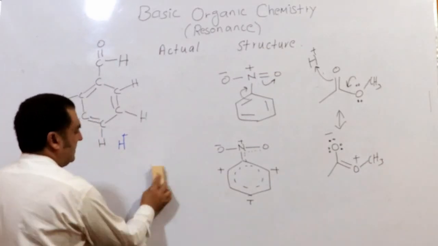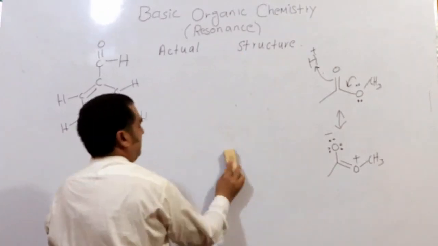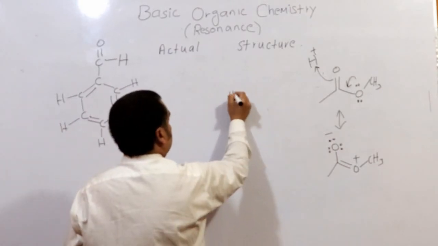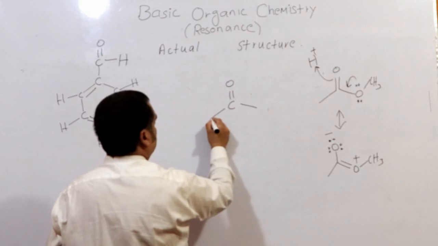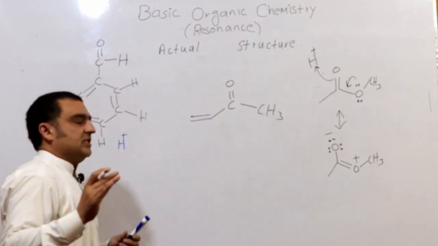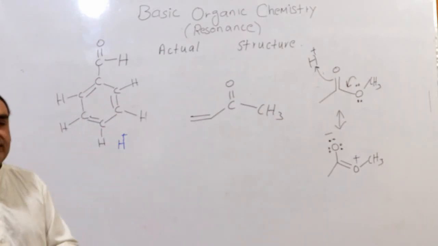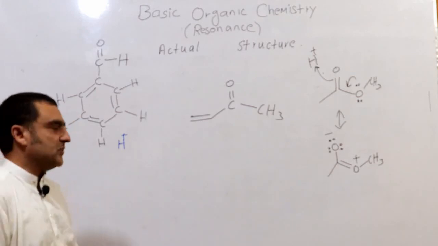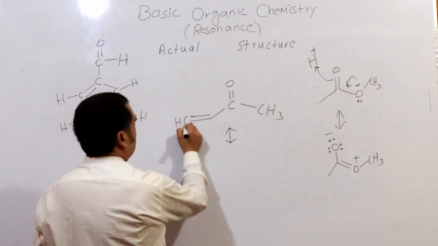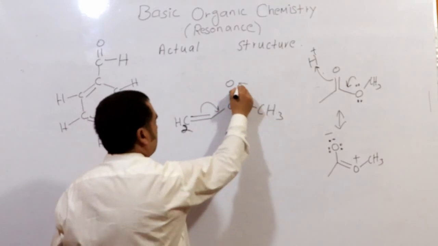Another example is this one. What about this molecule? I am drawing those structures because I think you have studied the previous structures and understand which are good and which are bad structures, okay. So its good resonance form is like this: CH2, oh I'm sorry, CH2 comes here and it will go there.